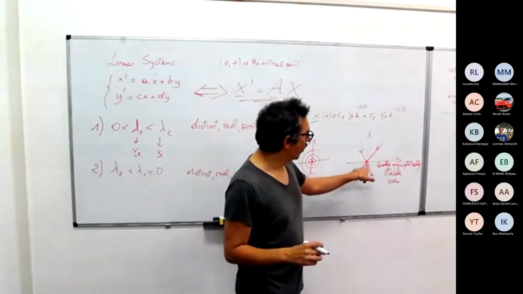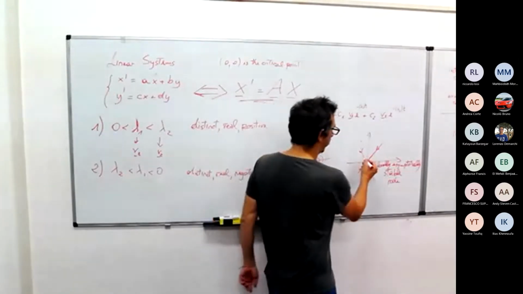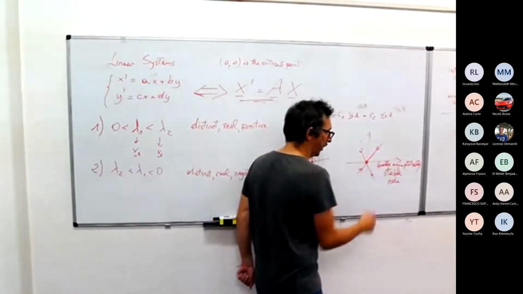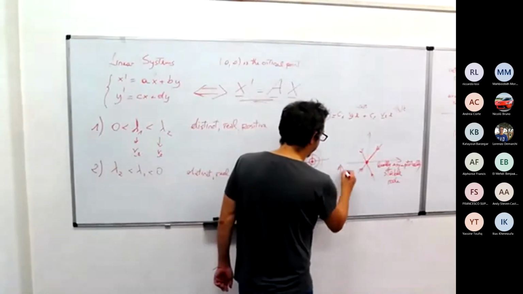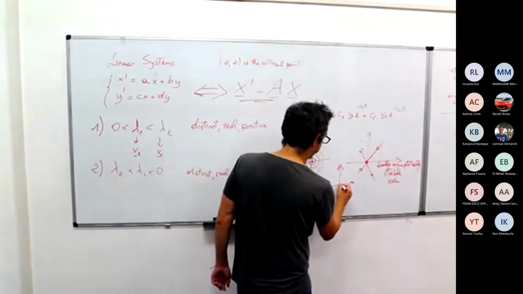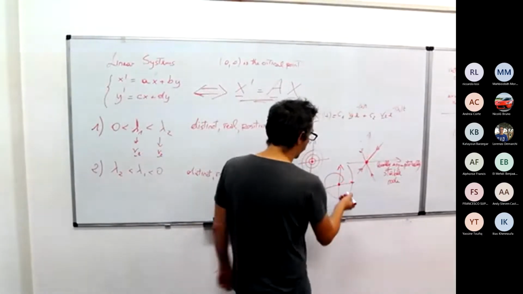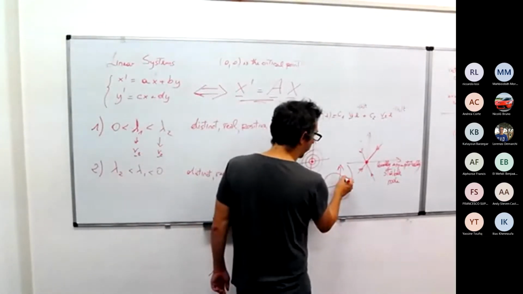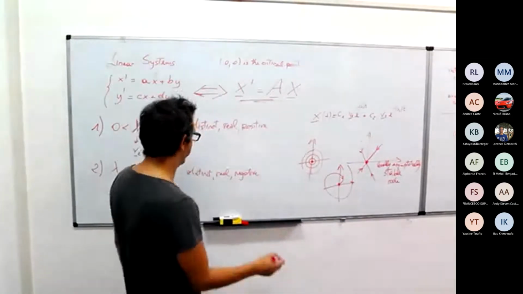Then I have nodes, which can be stable or unstable, can be these or the other way around, the arrows. Then I can have spirals, which again can be stable or unstable. And then I can have saddles.